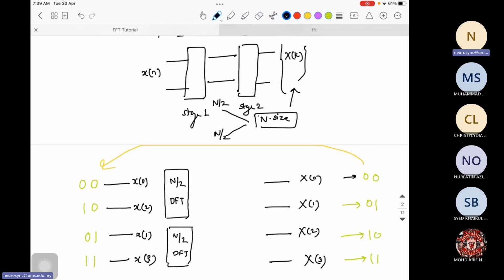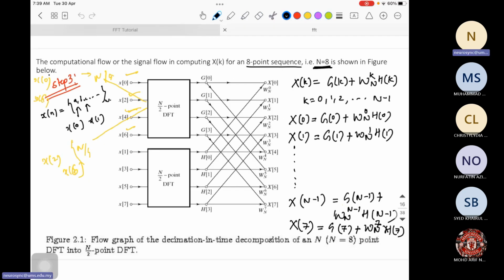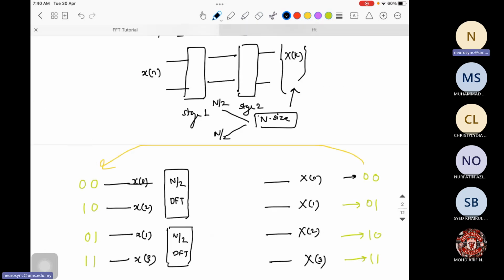So the inputs to this DFT are 2. So x0 and x2 will be input to this, and x1 and x3 will be input to this DFT.